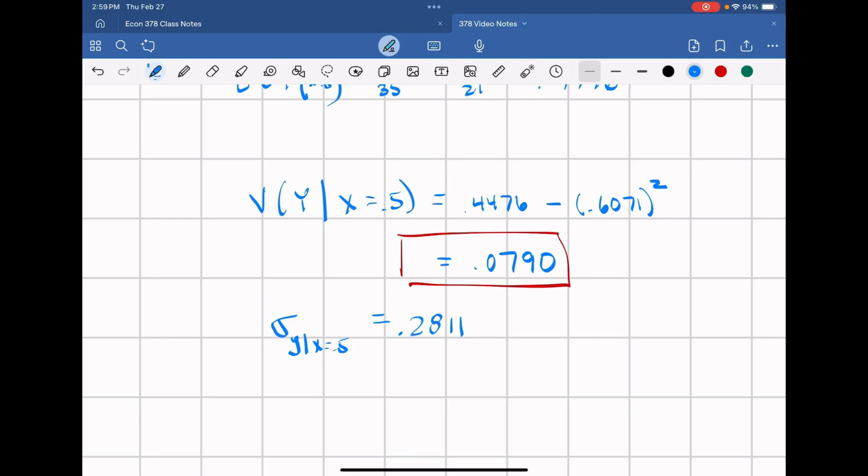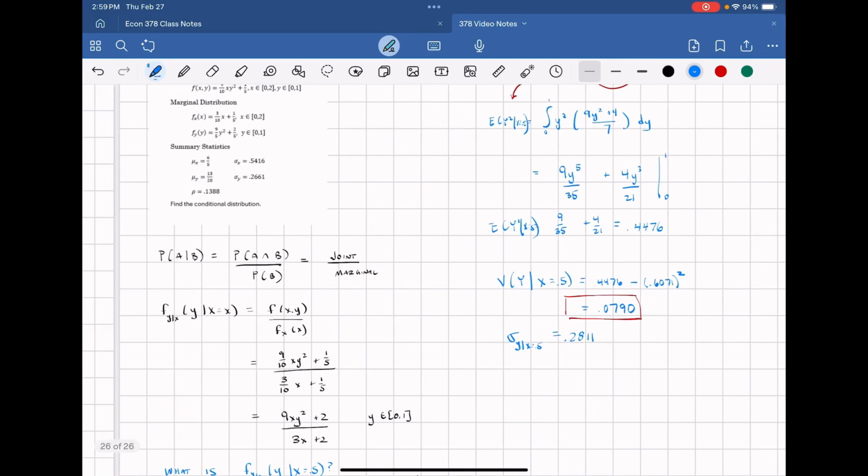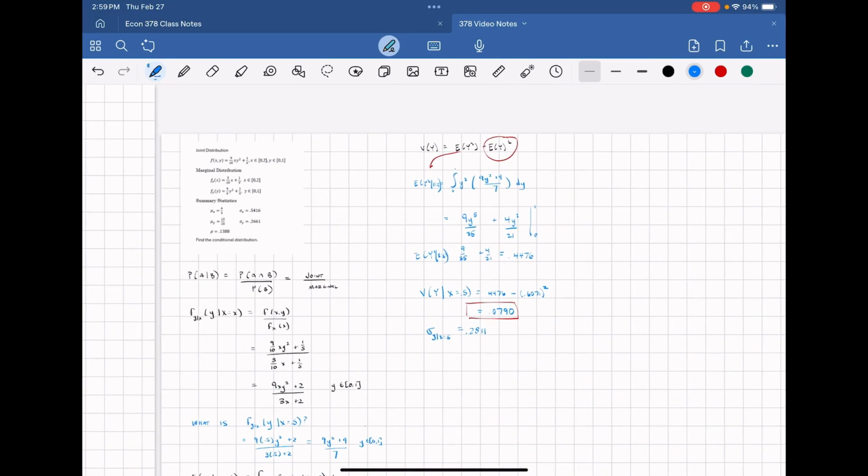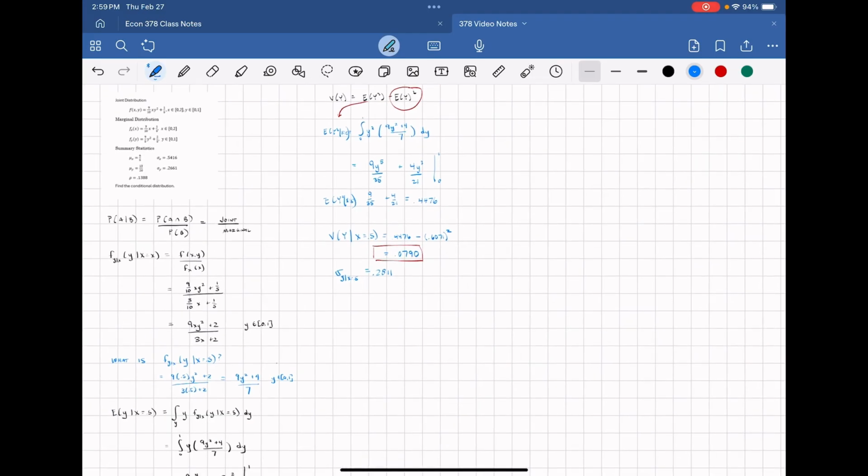So we can find not just the conditional distribution, but also the expected value and the variance of the conditional, given a joint distribution and a marginal distribution.